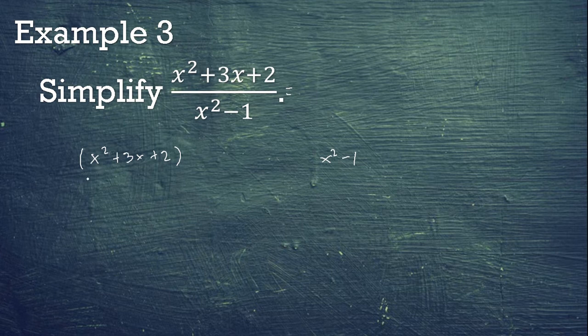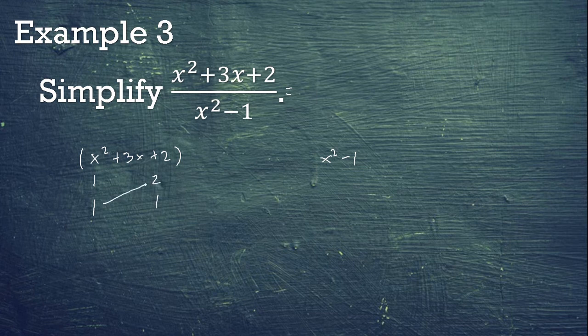So we can use the concept of factoring of general trinomial. Knowing that this is not a perfect square, we will get the factors of the coefficient of the first term. This is 1 and 1. And then the next one is 2 and 1.